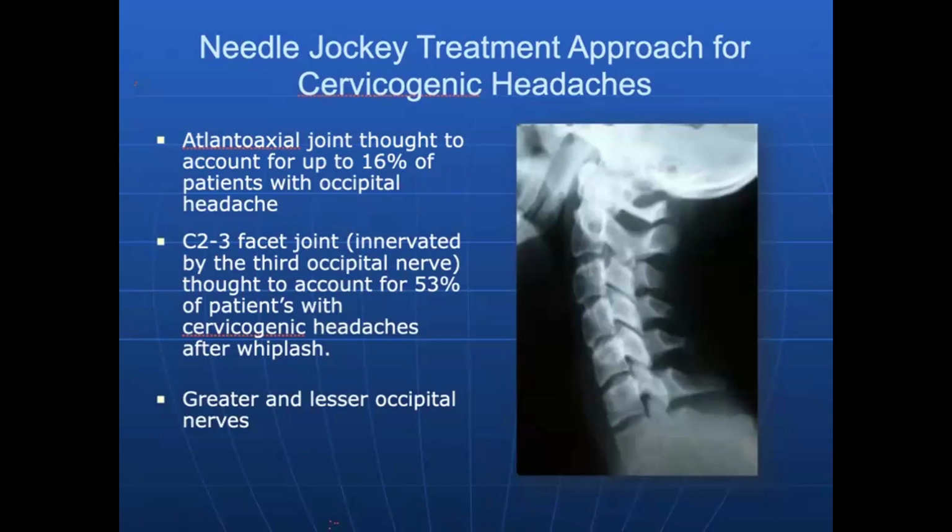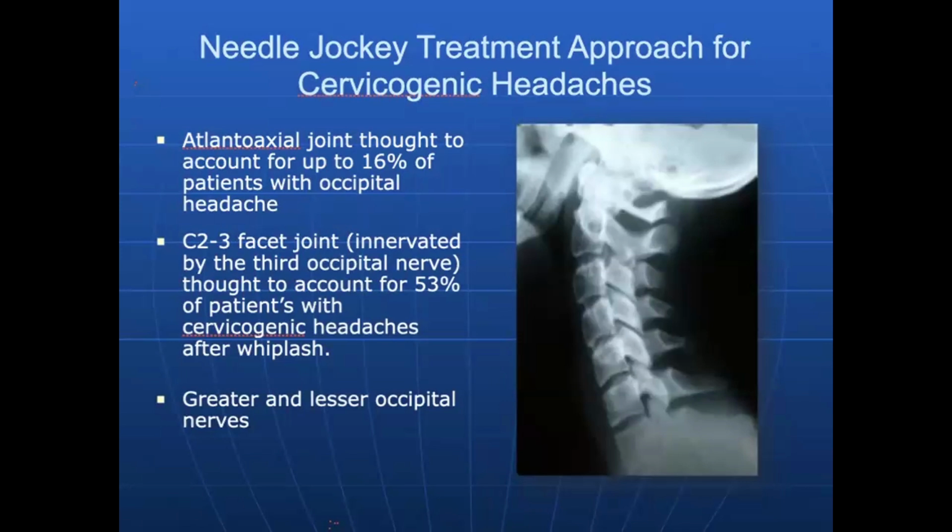But the most common, accounting for 53% of people with post-traumatic headaches, is that C2-3 facet joint that we talked about earlier. And that is innervated by something called the third occipital nerve. So if you ever see somebody doing a block of that joint, you might see it called a third occipital nerve block.